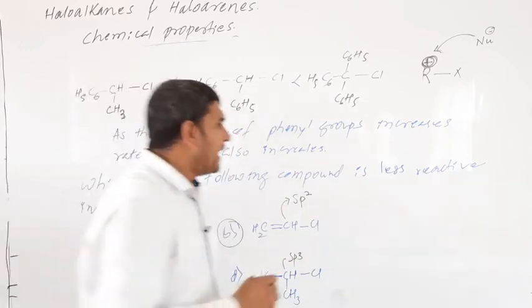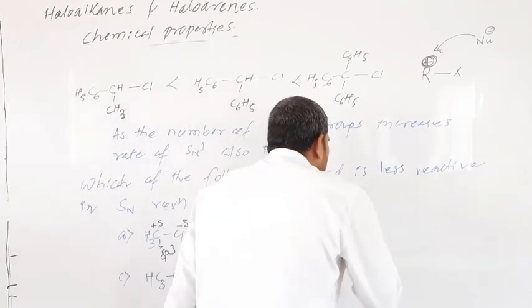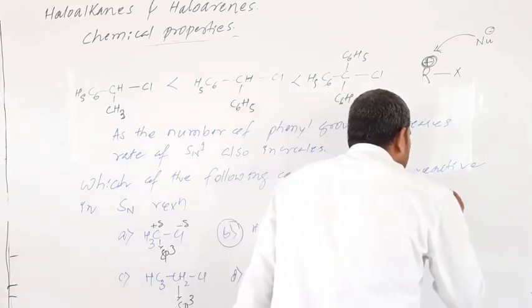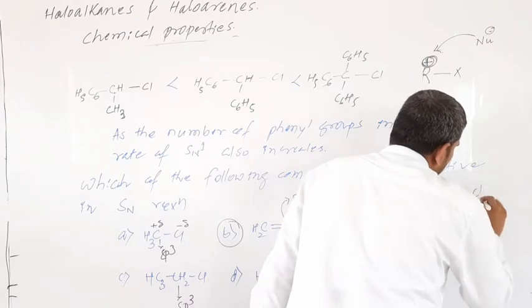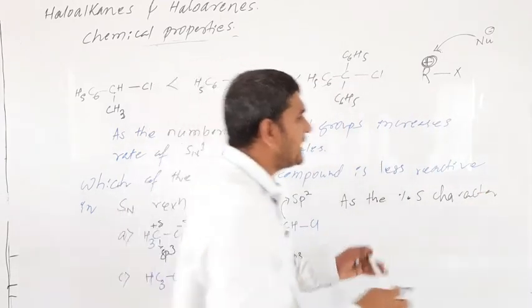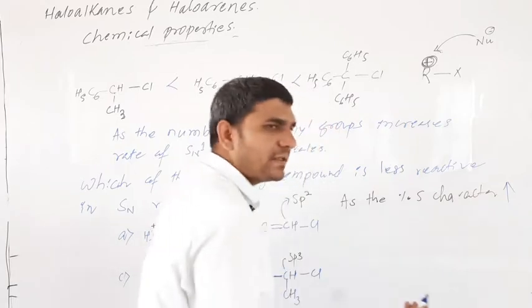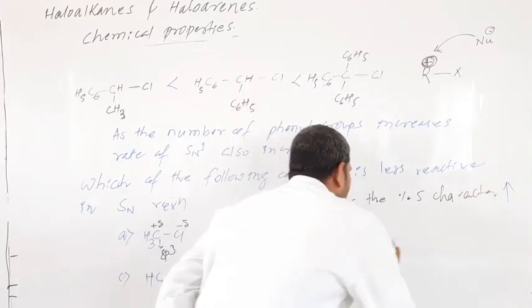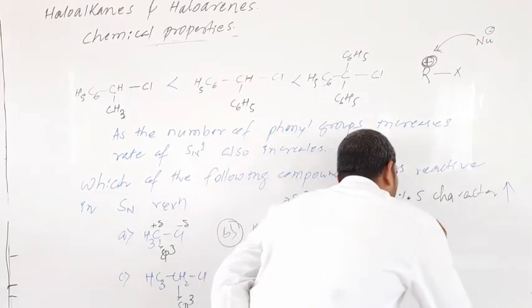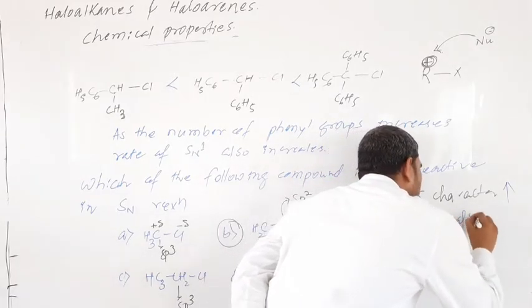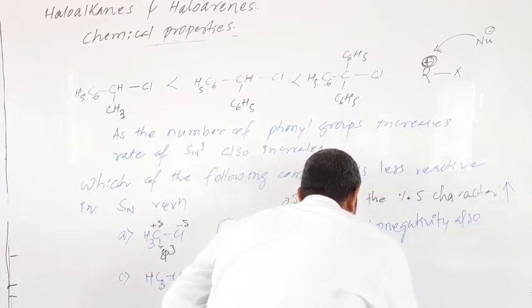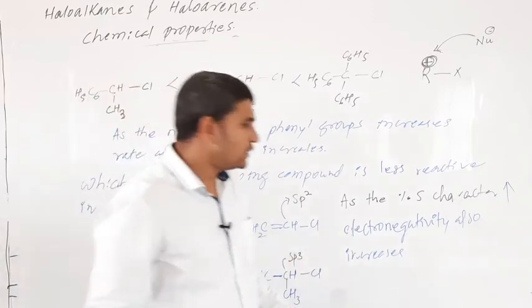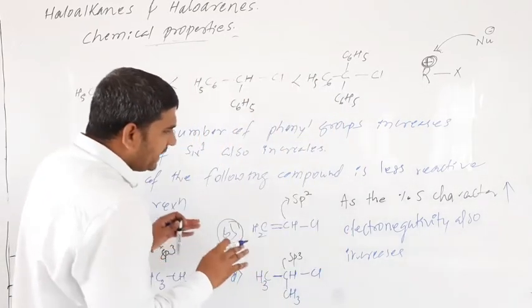You know, as the percentage of s character increases, what happens? Electronegativity also increases. Understood? Then over here this is sp2.